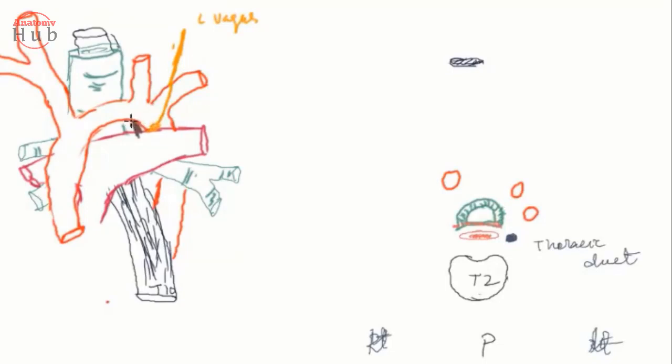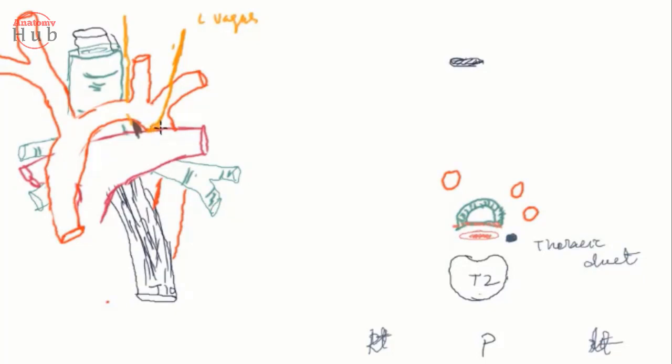Then it ascends upward between the trachea and the left common carotid artery. So this nerve will be your left recurrent laryngeal nerve.